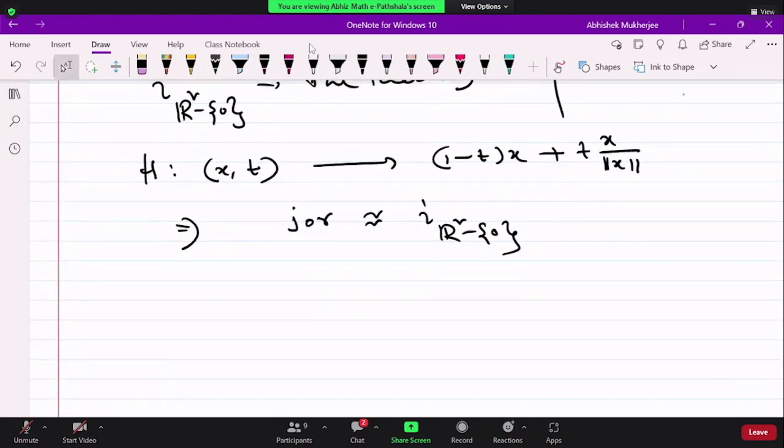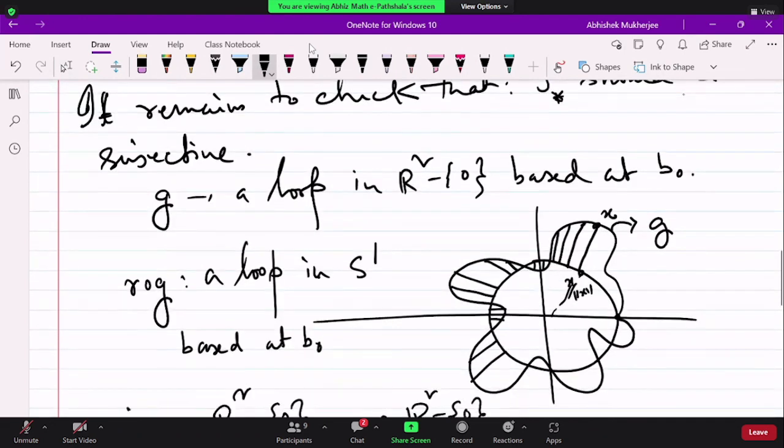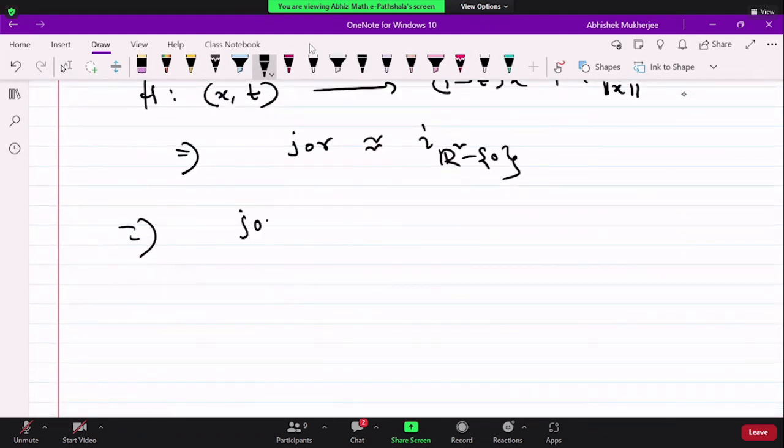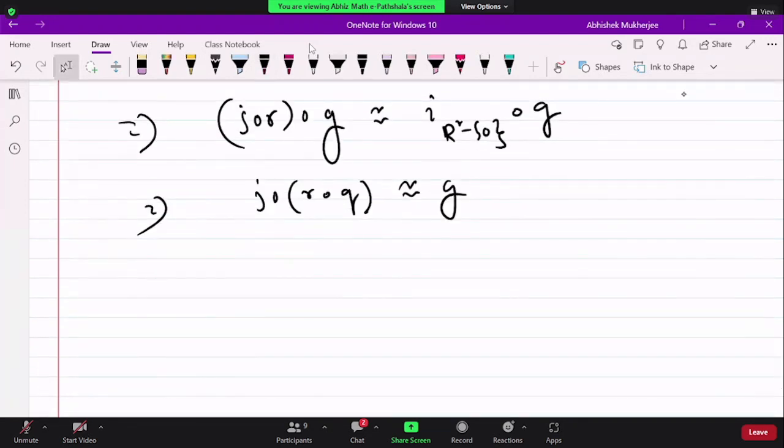And once it is done, you can compose these two maps with the loop, which is G, and this J compose R compose G will be homotopic to the identity map compose G. That is, J compose R compose G will be homotopic to G. And therefore, this proves our claim, right?